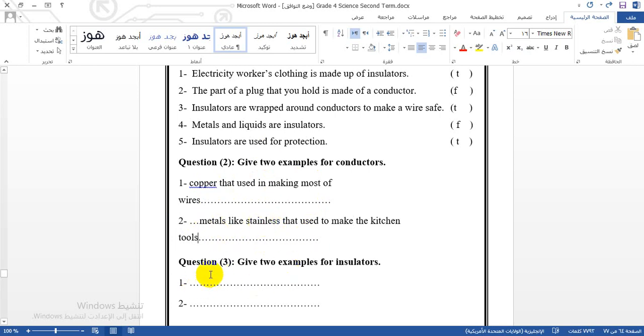Okay, guys, now question number 3, give two examples of insulators. Examples of insulators like what, guys? Plastic that covers the wires, and what else?